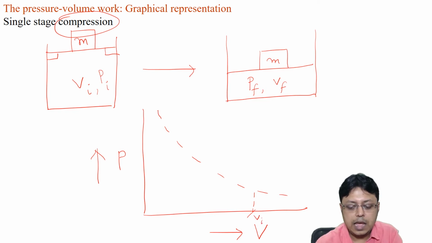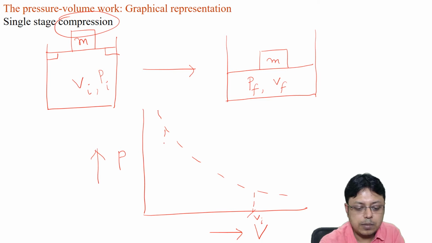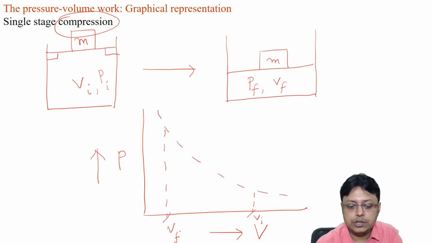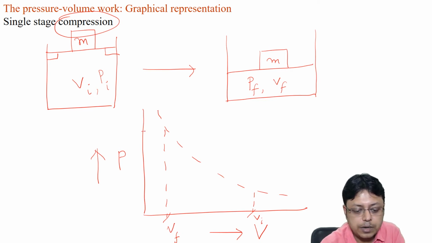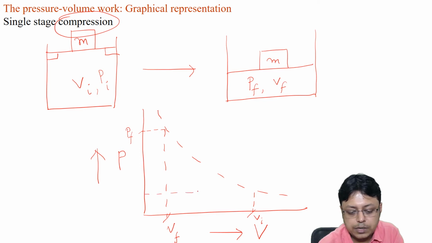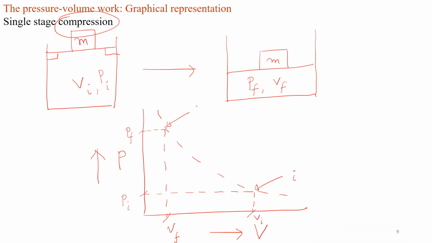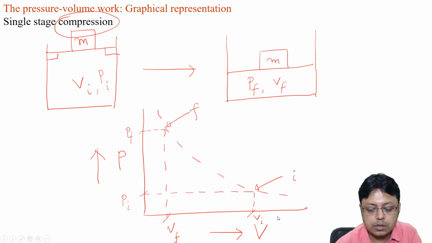And what about VF? VF will be somewhere here, because the final volume is smaller than the initial volume. The corresponding pressures are PF, and here the initial pressure was PI. So this is the initial state in this case, this is the final state. Because it's a compression, the volume is going in the other direction, it is shrinking.